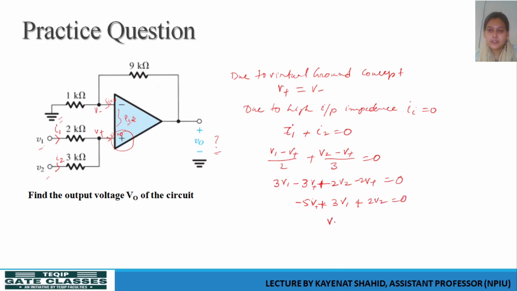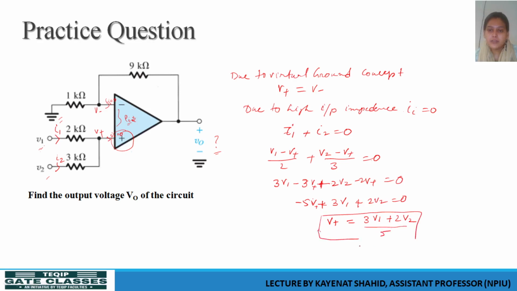Sorry, let me rewrite it. From here, if we try to find V plus, it is nothing but 3V1 plus 2V2 by 5, right? So this is the V plus we have found.